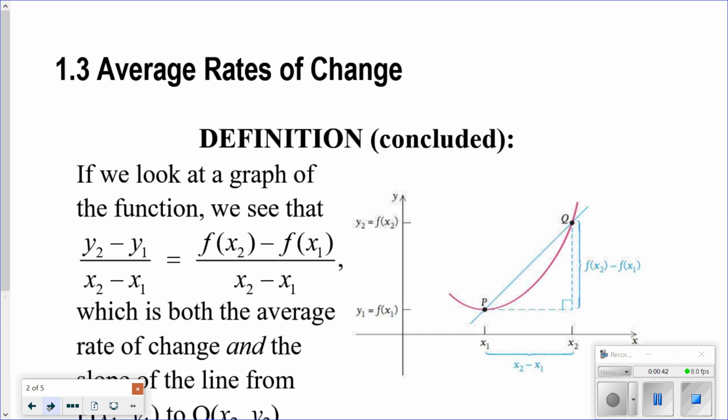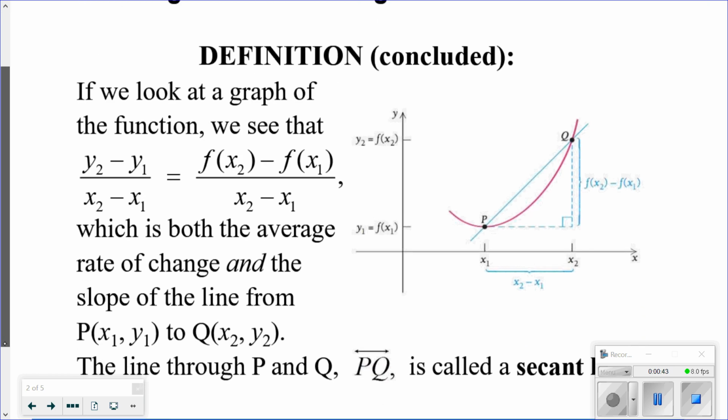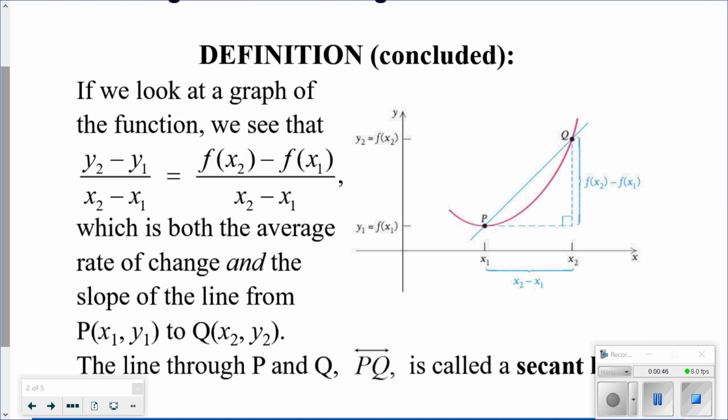Okay, so let's look at the graph for a minute. Here at point P, I have x1, y1, right? So this is x1, y1. And point Q is x2, y2.